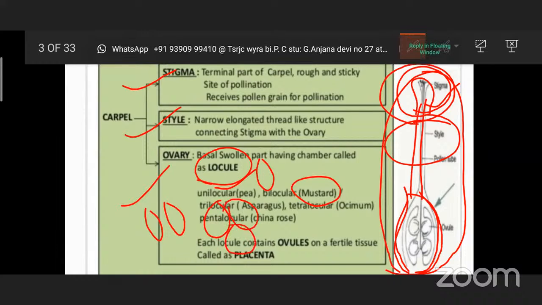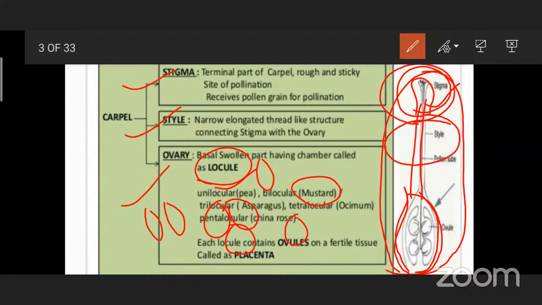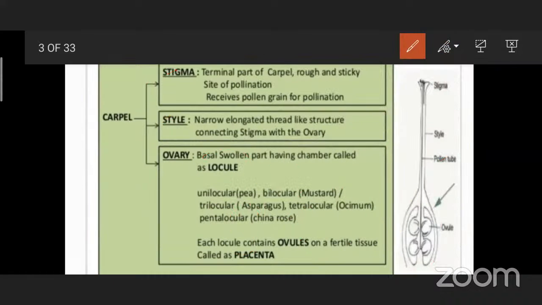And tetralocular, that is tetracarpellary, with four locules. Example, Ocimum sanctum. And pentalocular. Example, China rose, that means pentacarpellary. Each locule contains ovules.